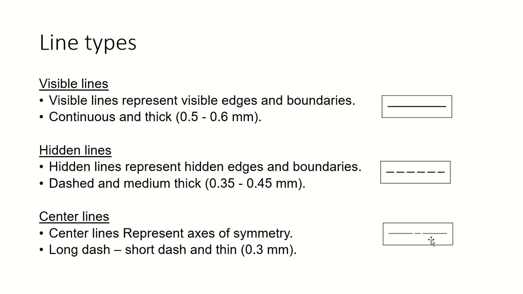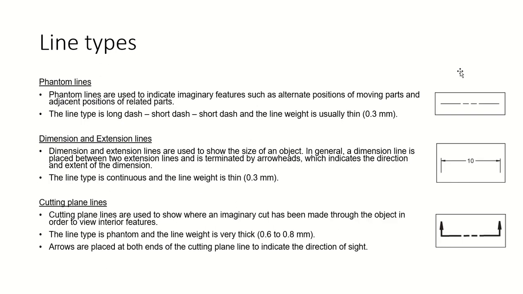Center lines look like that, and center lines represent the axis of symmetry. So you have your long dash, short dash, and then the long dash. That's about 0.3 millimeters. Your phantom line, we're going to use this line, dash, long, short, and then long, to describe the ghost feature, so imaginary features.